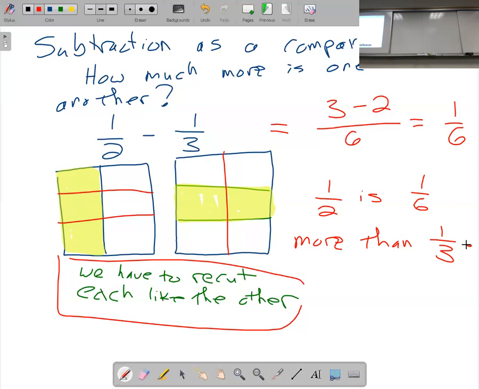So I did the same thing, but at the end I put 1/6 is a whole number. Would that not be a good thing to put? Read your whole sentence to me. So I just did 1/2 is 1/6 bigger than 1/3, 1/6 is a whole number. I get what you're saying, but I don't think you need the 1/6 as a whole number. You don't? Okay, that's what I wasn't sure of.